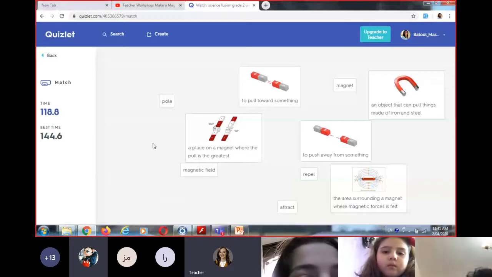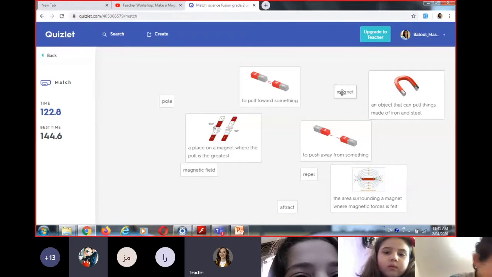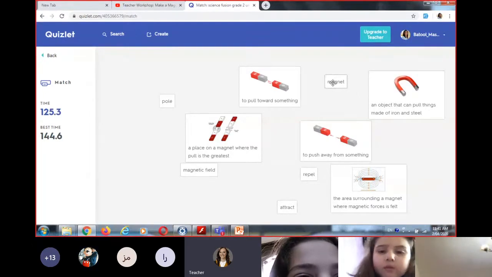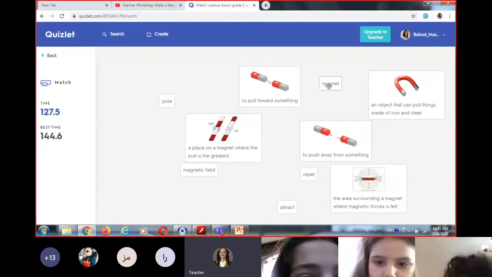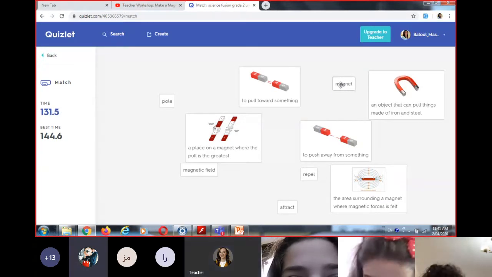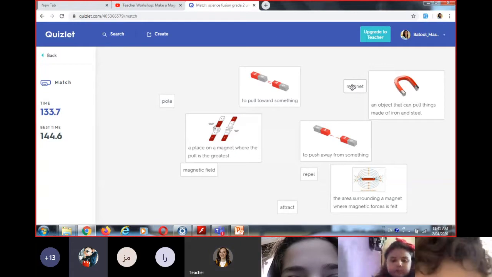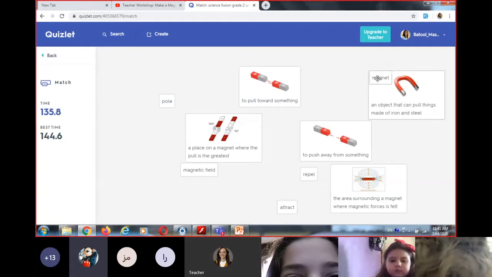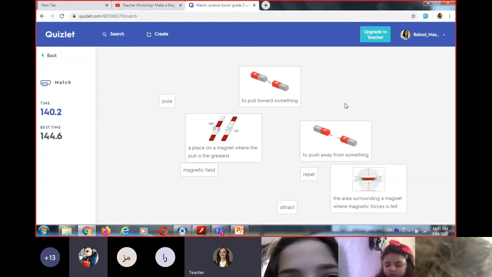Read the definition. A magnet, where's the definition of a magnet? A magnet is an object that can pull things made of iron and steel. Excellent.